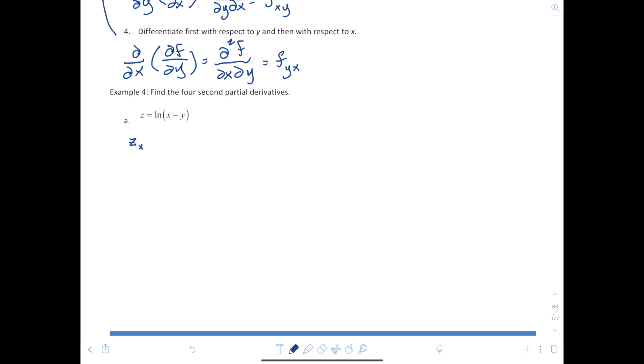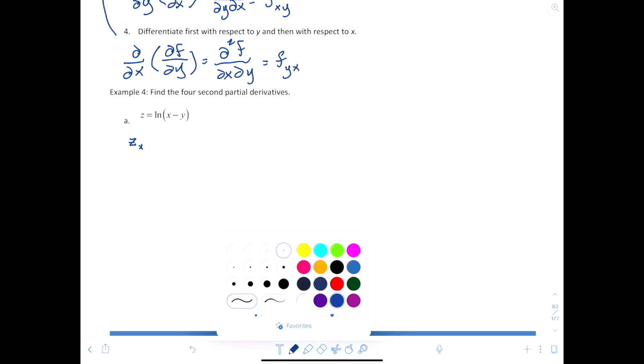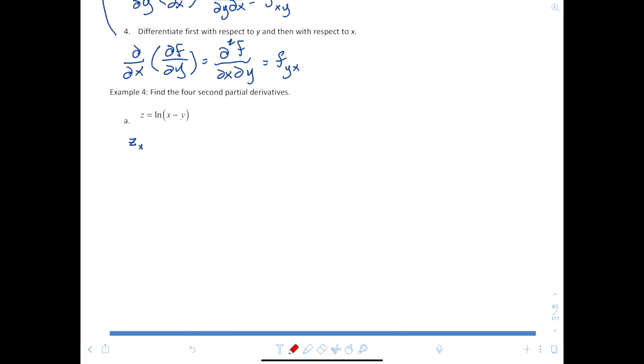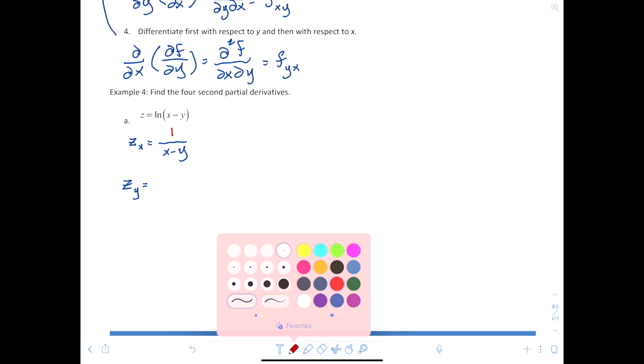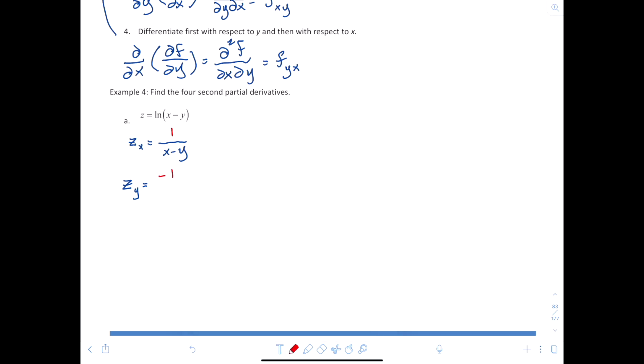Okay. So here we go. z_x, going a little faster now, is going to end up being, when I do the first partial with respect to x, 1 over x minus y. Cool so far? And then z_y will be, the derivative of the denominator with respect to y, negative 1 over x minus y.